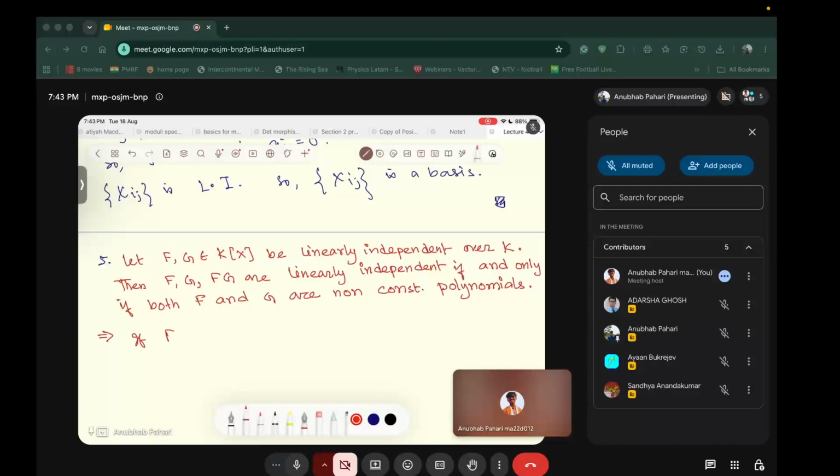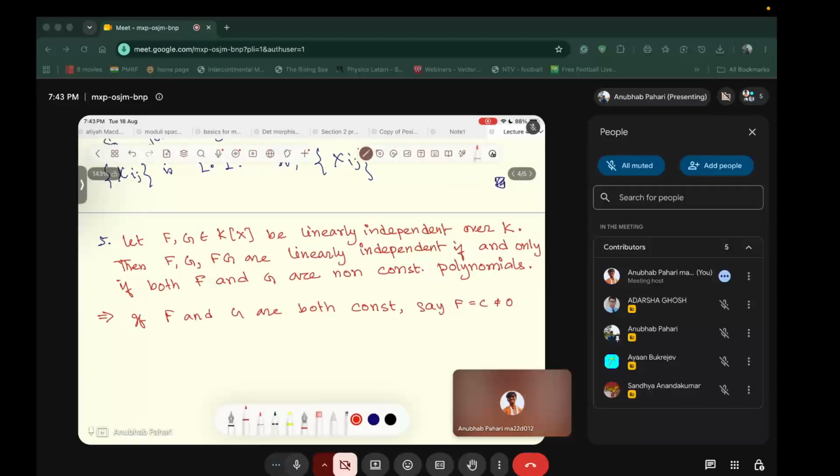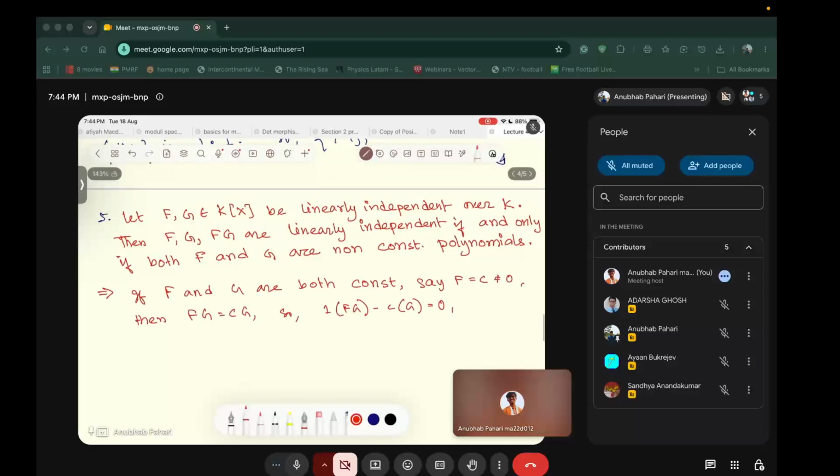If f and g are constant, say f equals c not equal to 0, then fg equals cg, right? So 1 of fg minus c of g would be 0. That would imply that they are linearly dependent.